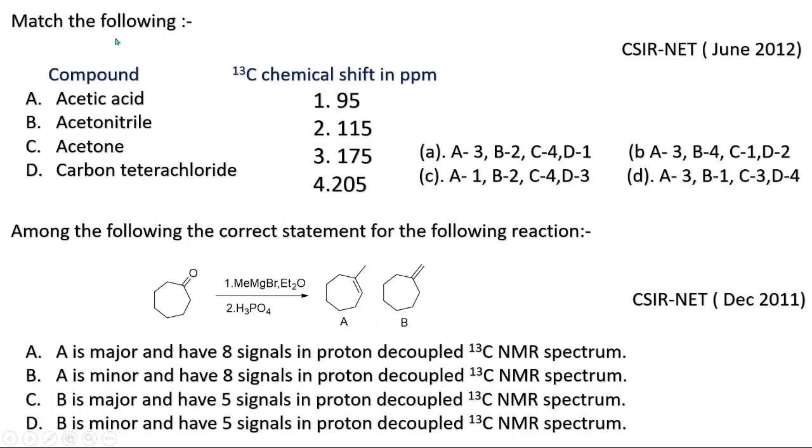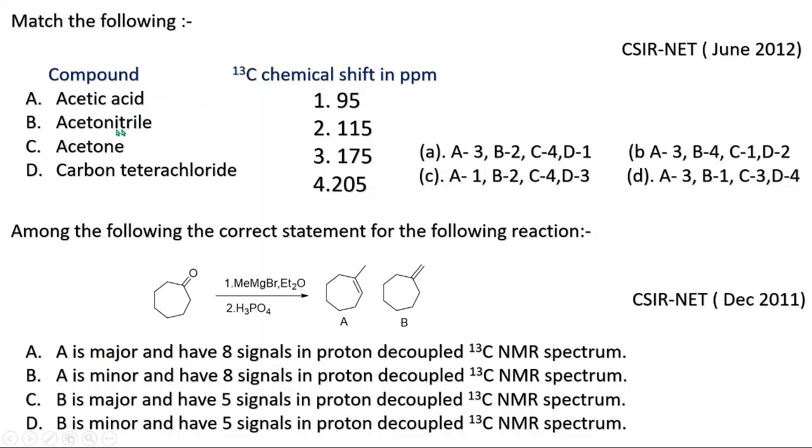We will do the next problem. This is a match the following type of question. In column A they have given various compounds, and in column B the chemical shift values of C13 NMR. You have to match each compound with its chemical shift value. Acetic acid will come around 175.